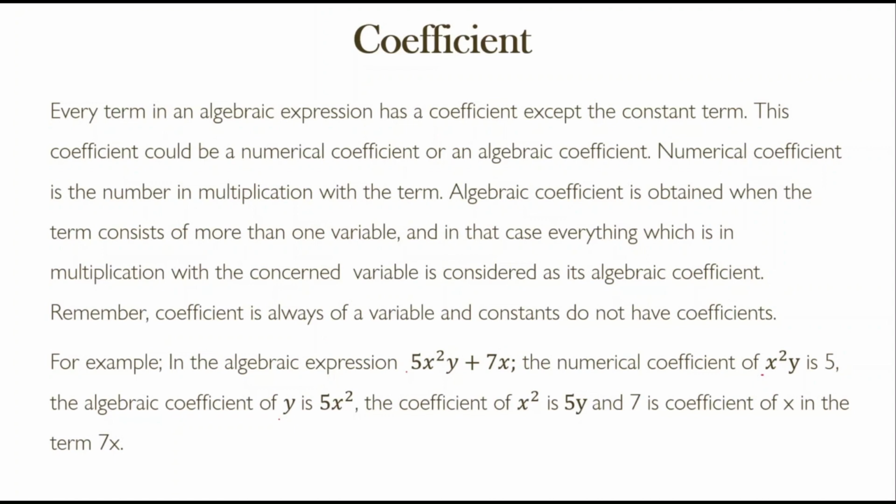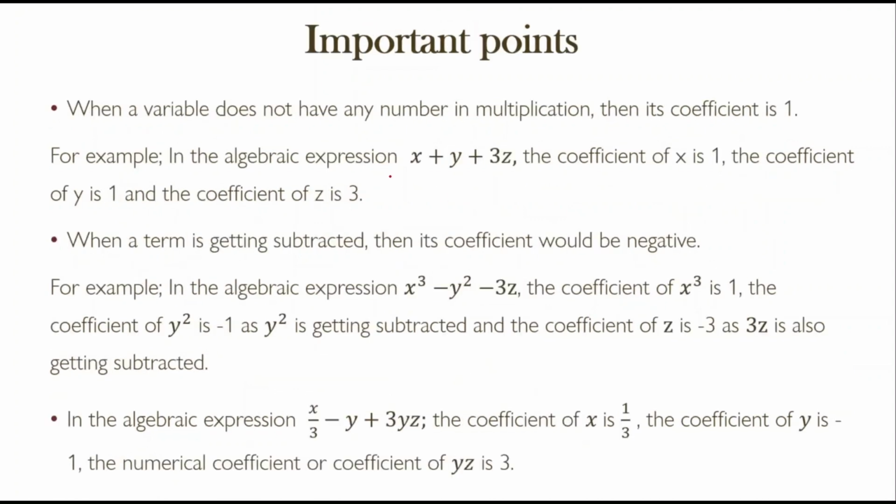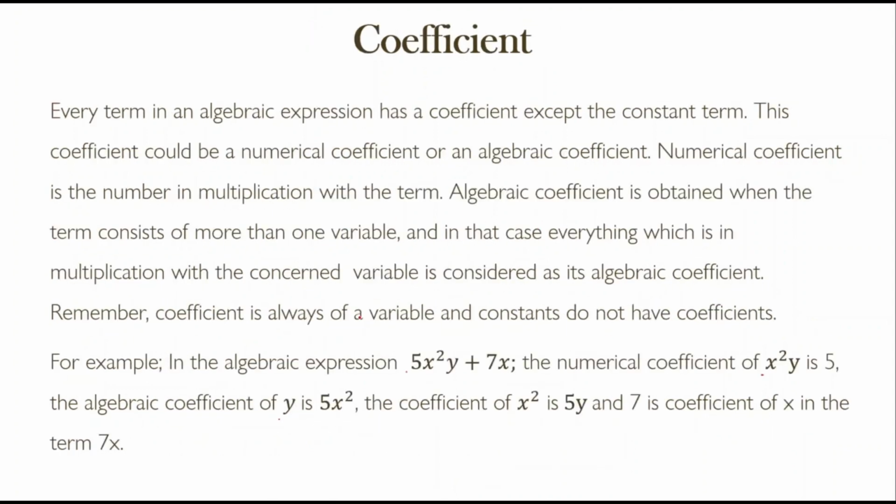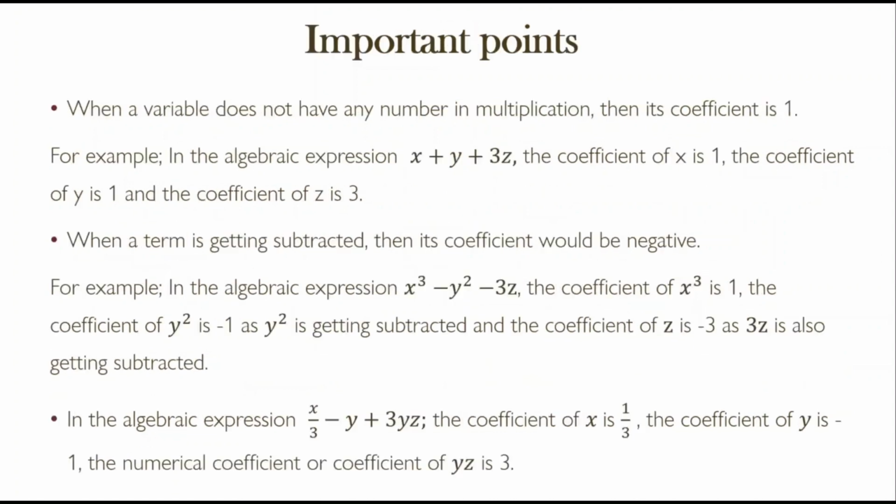Now, let's learn few more things about coefficients in the next slide. So, the first point says when a variable doesn't have any number in multiplication. Like in the previous slide we learned, coefficient is something which is in multiplication with the variable, right? Like 7 was in multiplication with x. Now, there could be situations when there is no number in multiplication with the variable.